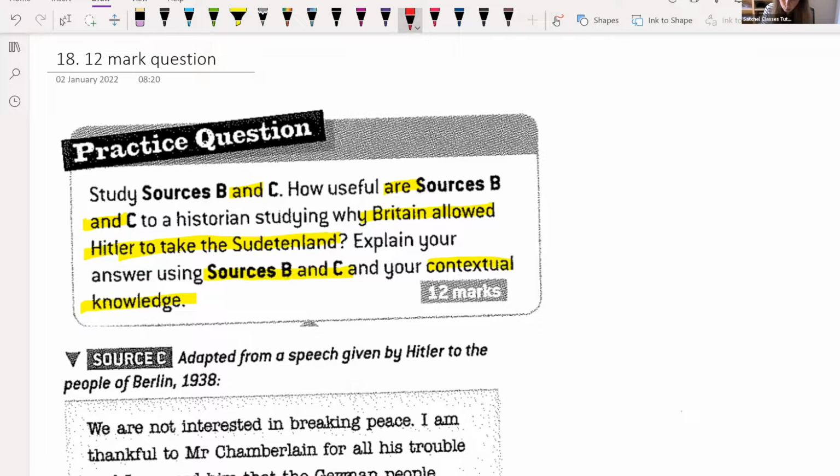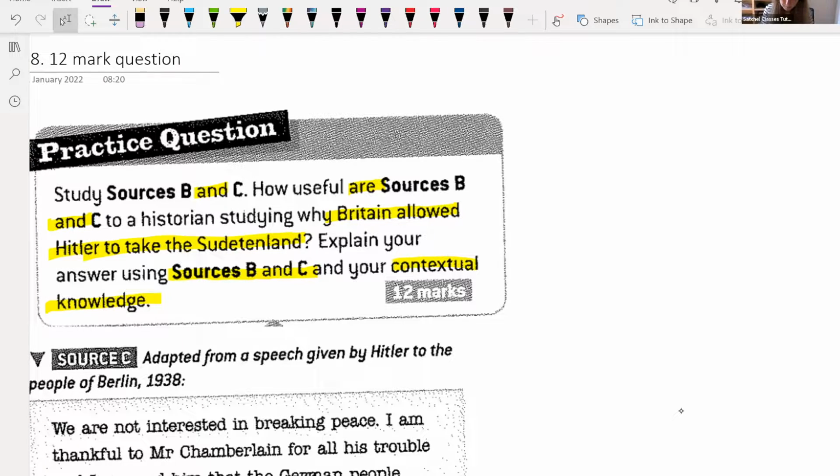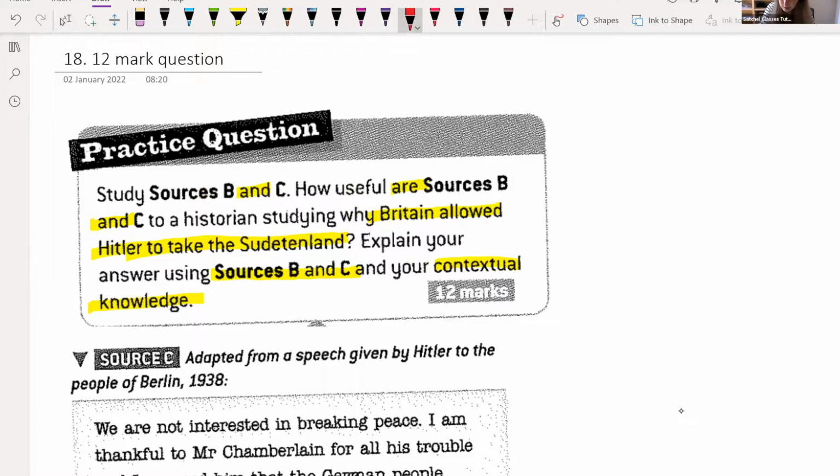Now, what's important about this question, and I say this because my students get this wrong all the time, and I have it on a big poster on my classroom wall. What it's not asking you is really important, because we do it in other papers, and we do it quite often as historians, which is compare sources to each other.